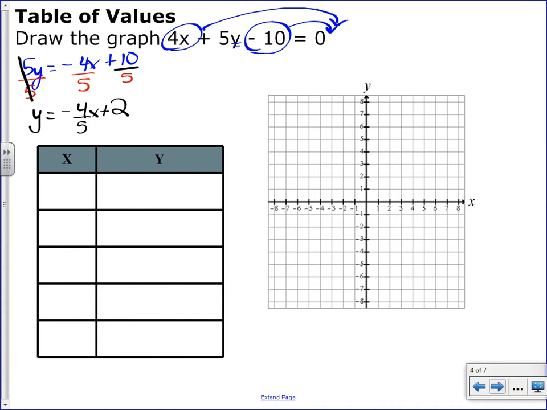Anyone? Curtis? What you're going to do is choose multiples of the denominator.